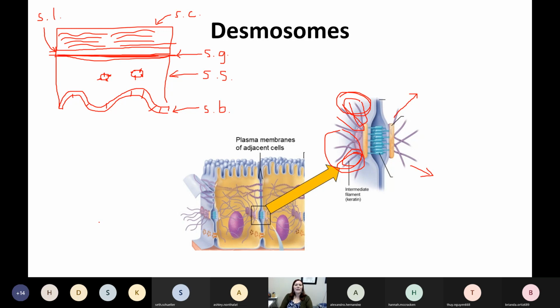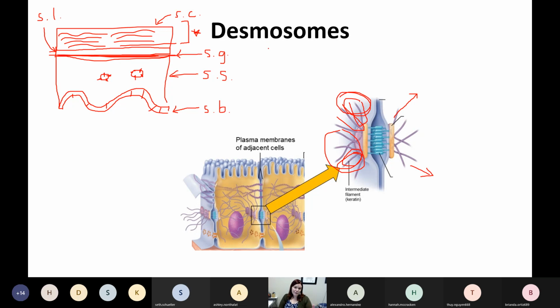If I have that clear layer, stratum lucidum, that's one of the ways that I know that I'm in thick skin. In thick skin, we also see a really, really big stratum corneum. So stratum corneum would be really large, and we'd also see that clear layer of stratum lucidum. So a little tangent, again, from my Monday lab friends, because I know that we're going to have to know the regions of the skin, those strata of the skin.